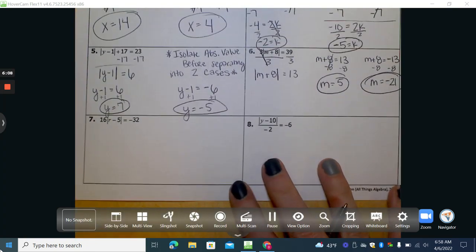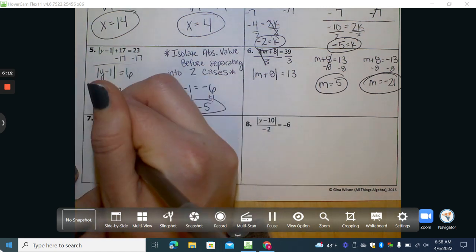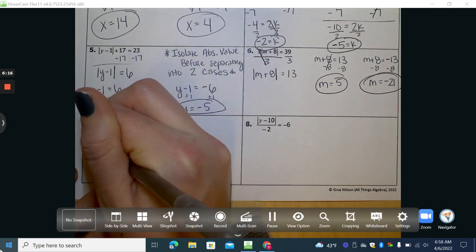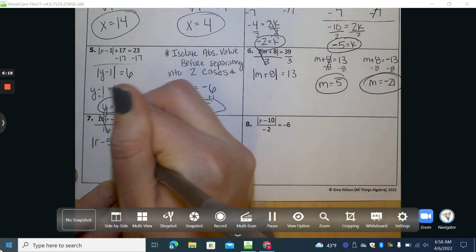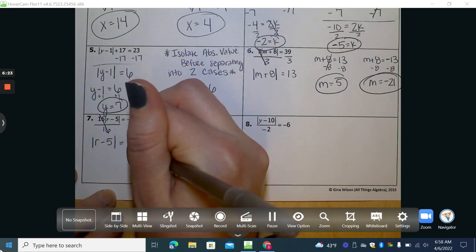Last two examples. Number 7 is going to be the exact same situation. I'm going to divide by 16 starting off the back. And so I get the absolute value of r minus 5 equals negative 32 divided by 16, which is negative 2.